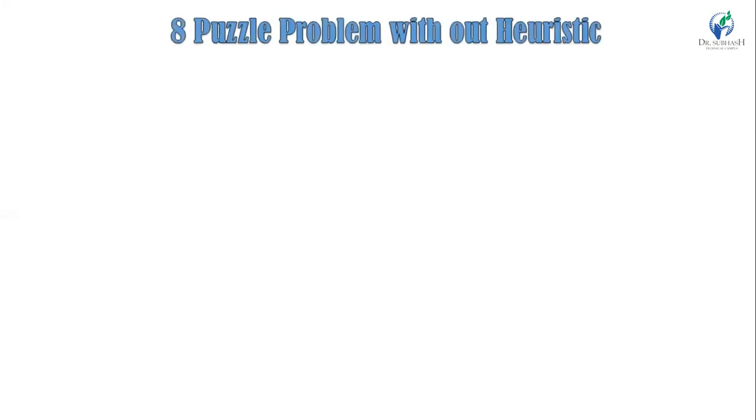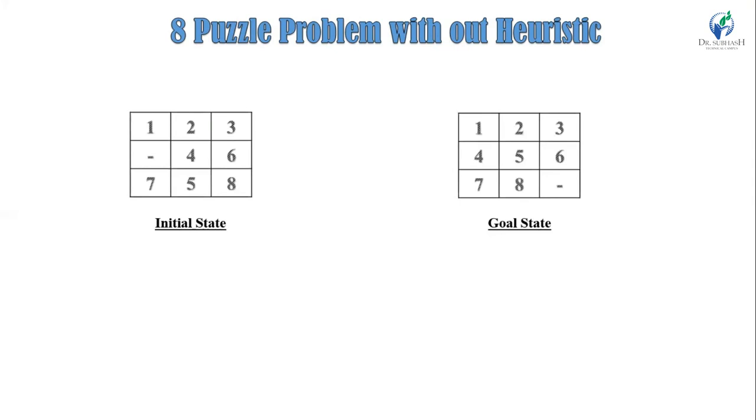So now we can explore how to solve our 8 puzzle problem. Now we can find the solution of the 8 puzzle problem. In this problem, we have two states: one is the initial state and one is the goal state.